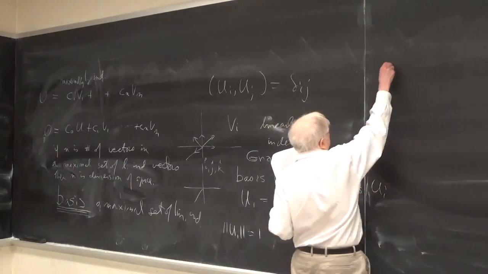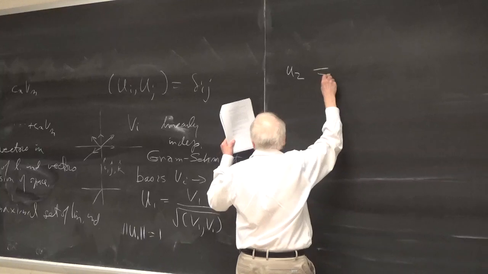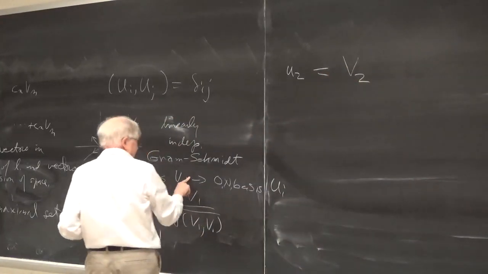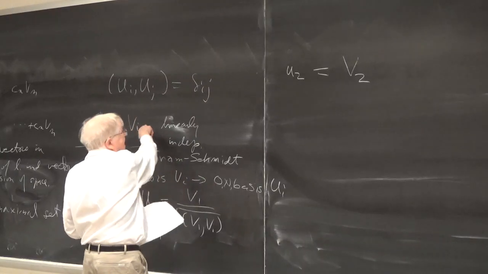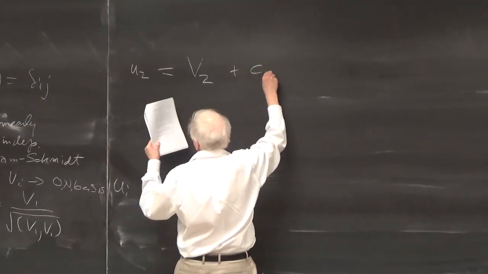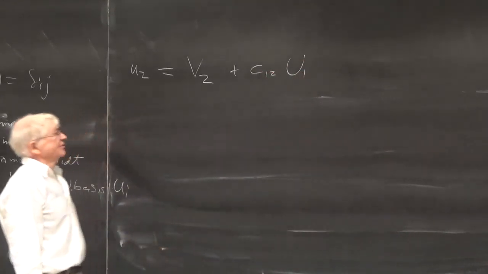Okay, the next one, we start out defining little u2 as the second vector in the basis, v2, plus a coefficient, c12, times the first vector in the orthonormal set.